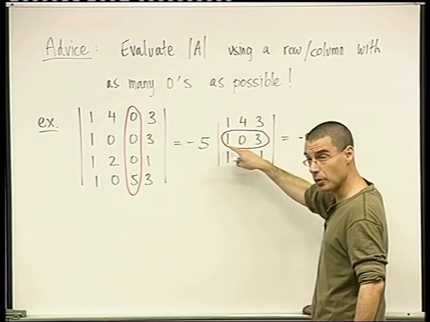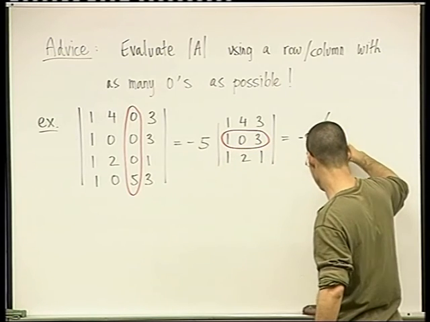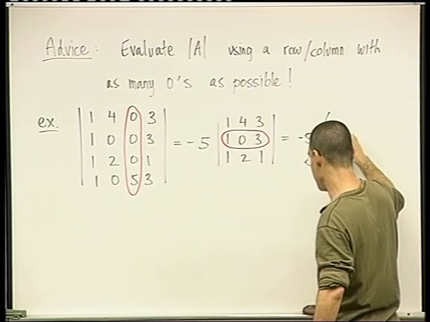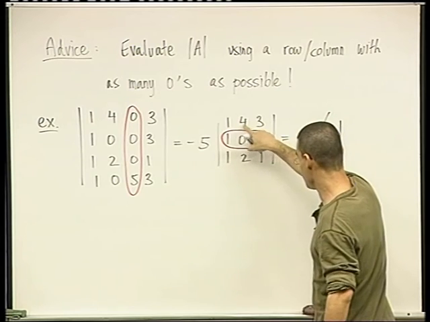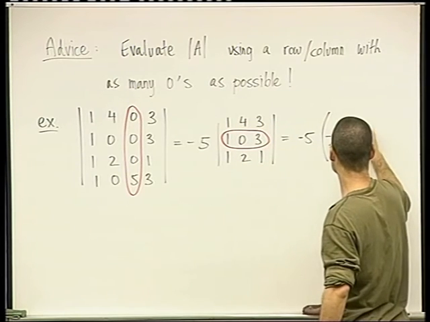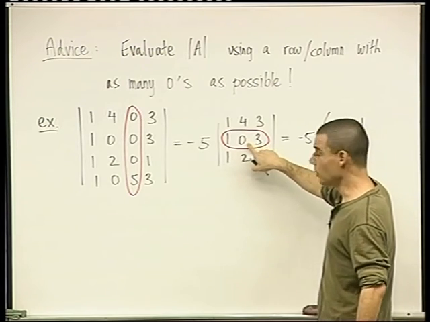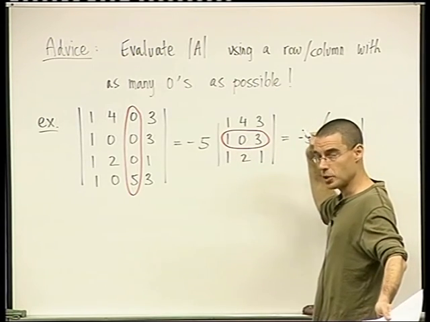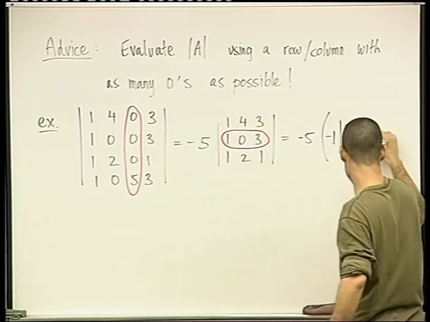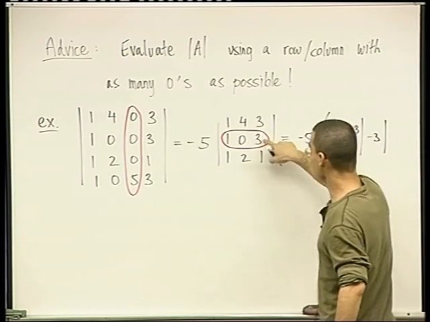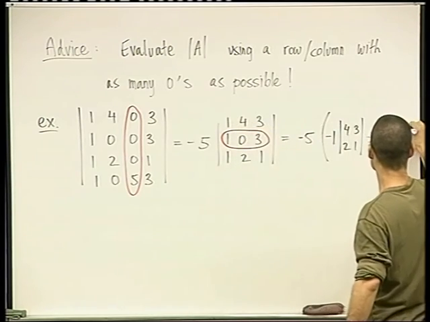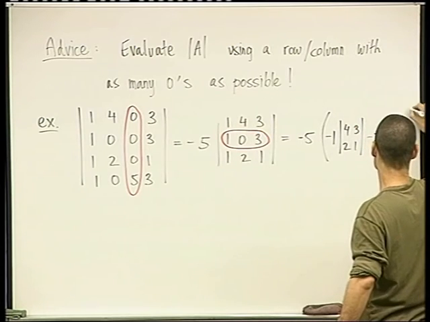It's an even row, so I have to start with a minus sign. So it's minus 1 times this determinant 4, 3, 2, 1. Plus 0 times a 2 by 2 determinant, which I don't care about, minus 3 times the determinant 1, 4, 1, 2.